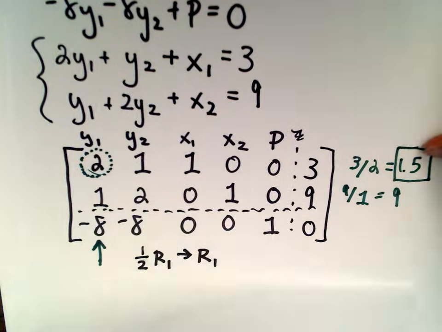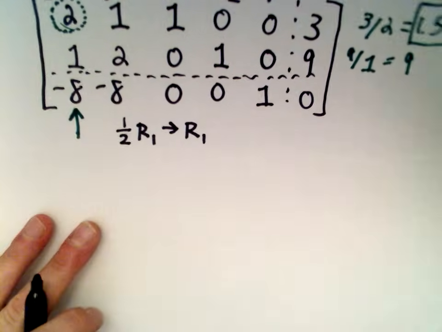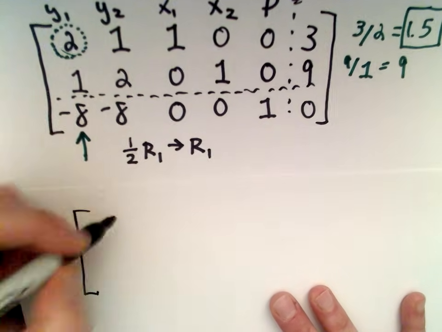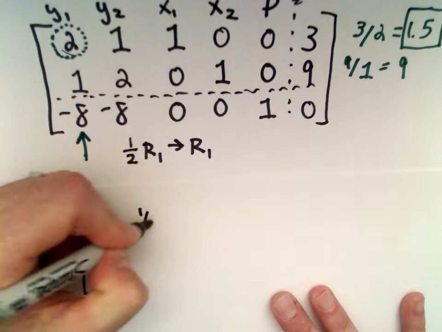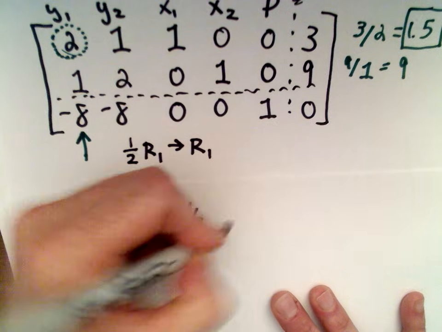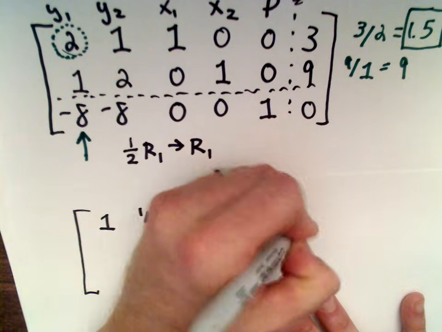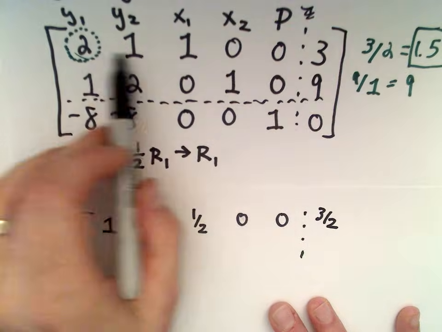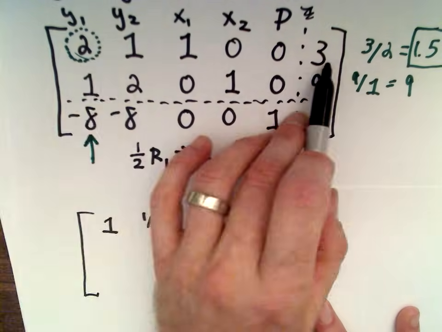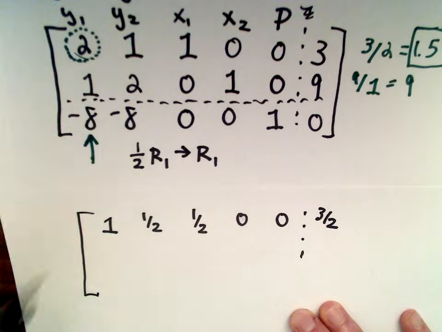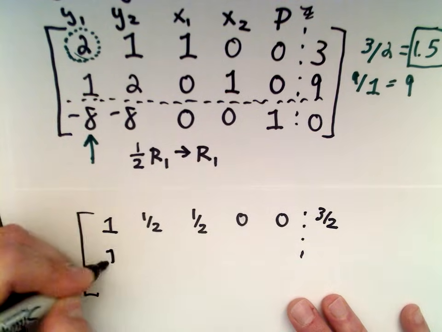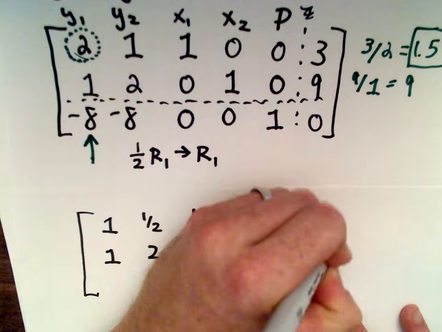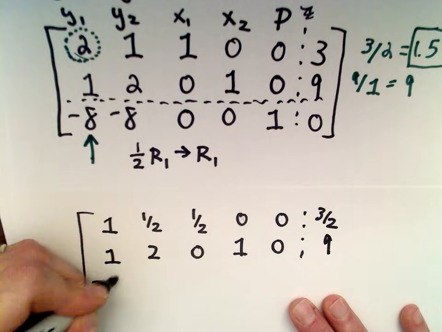Everything in the first row is going to get divided by 2. So I'll have a 1, a 1/2, a 1/2, a 0, a 0, and 3/2. I'm dividing every number in that first row by 2. And then everything else stays the same. We would have 1, 2, 0, 1, 0, 9, and likewise the bottom row stays the same.